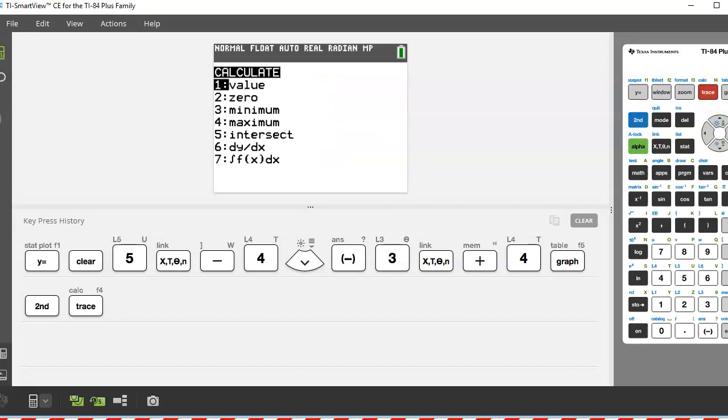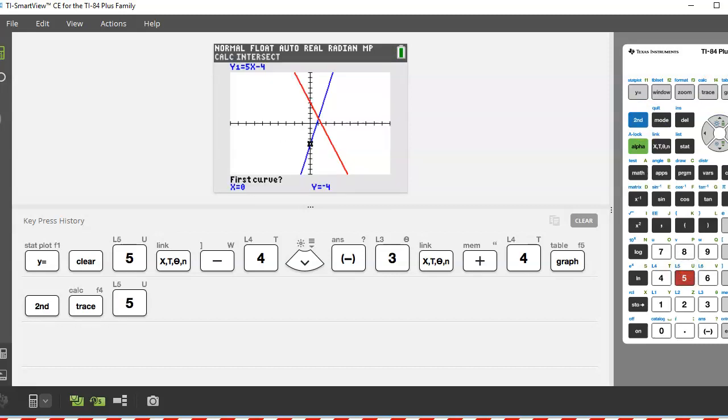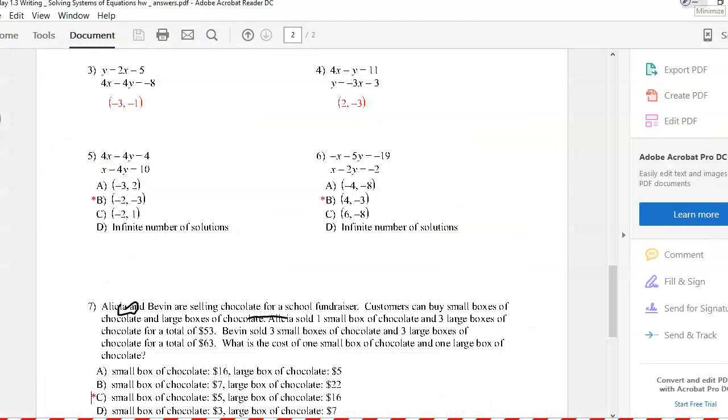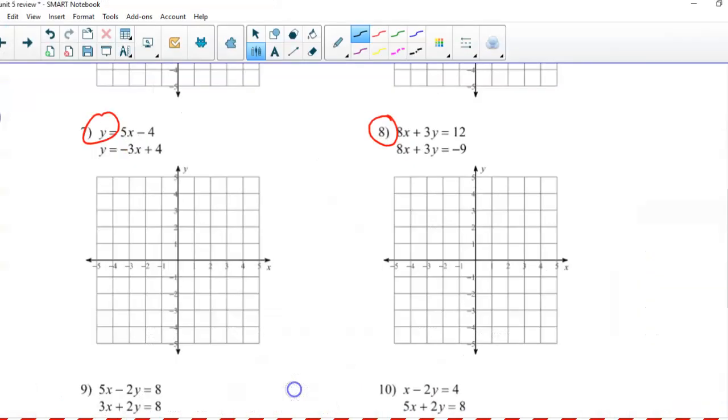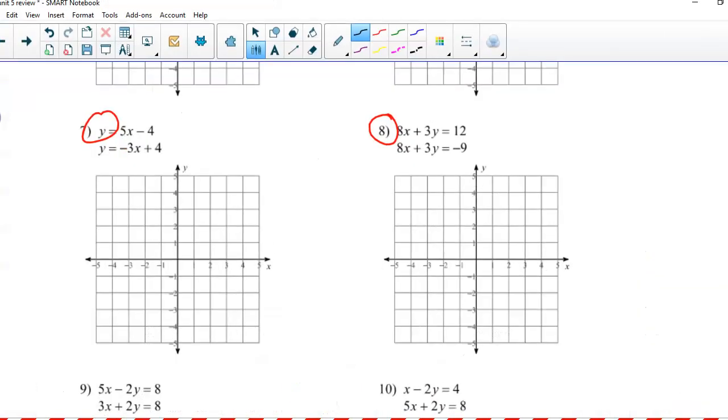You're looking for intersect, and then hit enter 3 times. You should get the intersection of 1, 1. Now, even though you graphed it on your calculator, you still need to graph it on the actual graphs on the test.